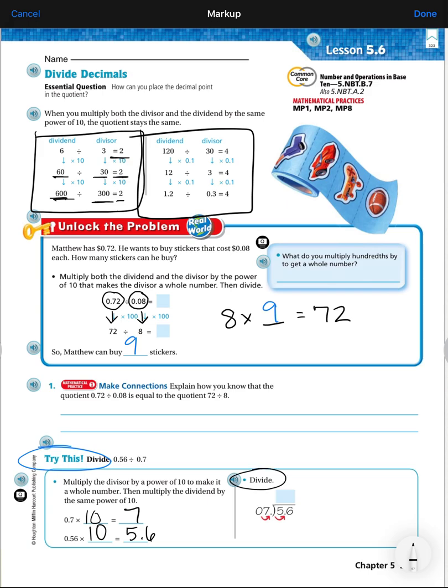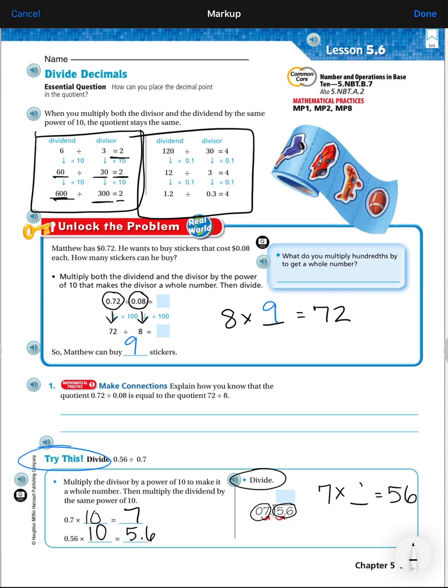Now we're going to take a look at the problem over here where it says divide. We're going to look at this together and solve the problem. The first thing I want to do is look at the whole number here. So we have 7 and we have 56. Well, I know that 7 can fit into 56 an even number of times, right? So I can say 7 multiplied by what is equal to 56?